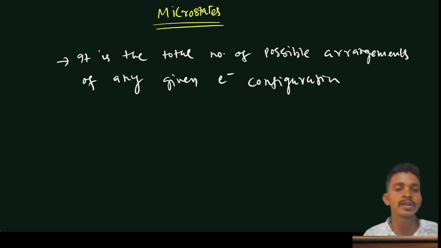If you are given any electronic configuration, then what are the total possible arrangements? That is called the microstates.